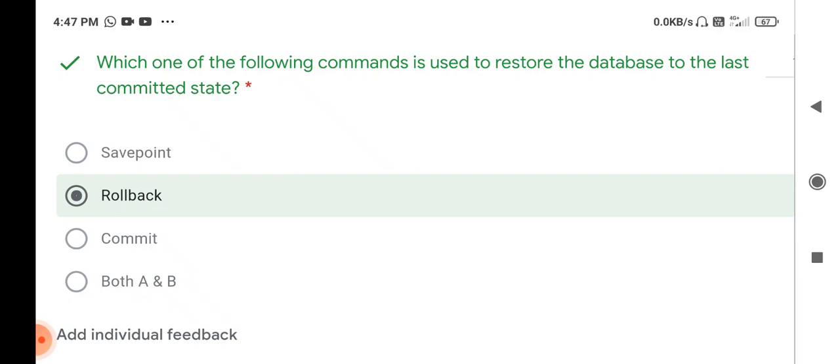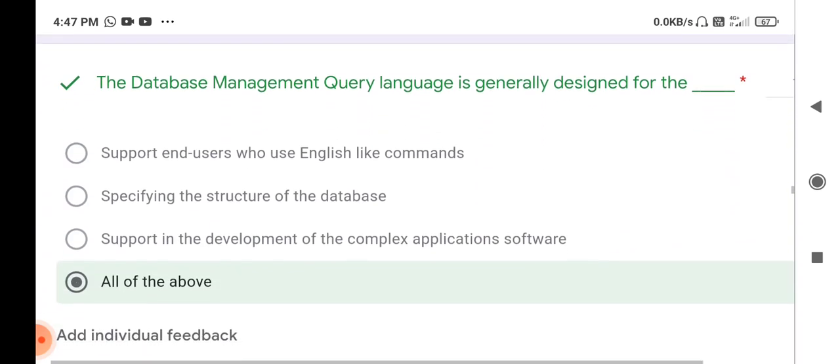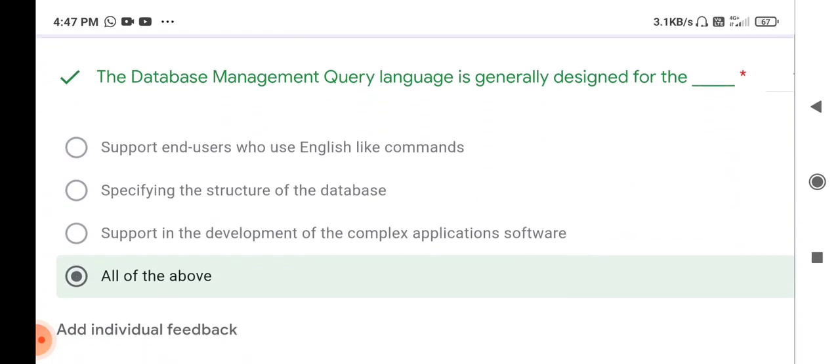The next question is, database management query language is generally designed for. First option is support end users who use English-like commands. That is correct, since select, insert, update are all commands in English language and easy to handle. Next, specify structure of database.